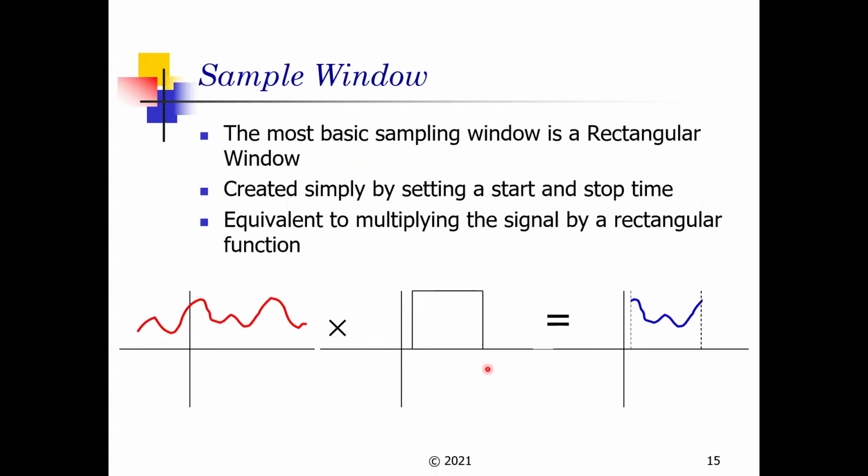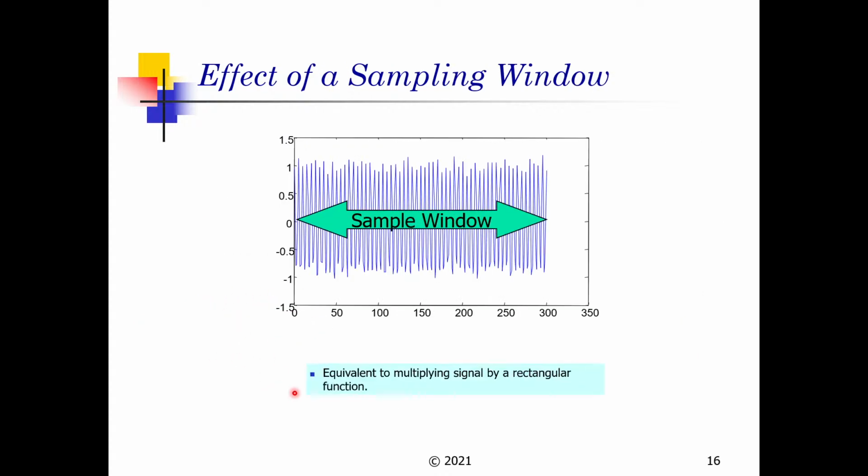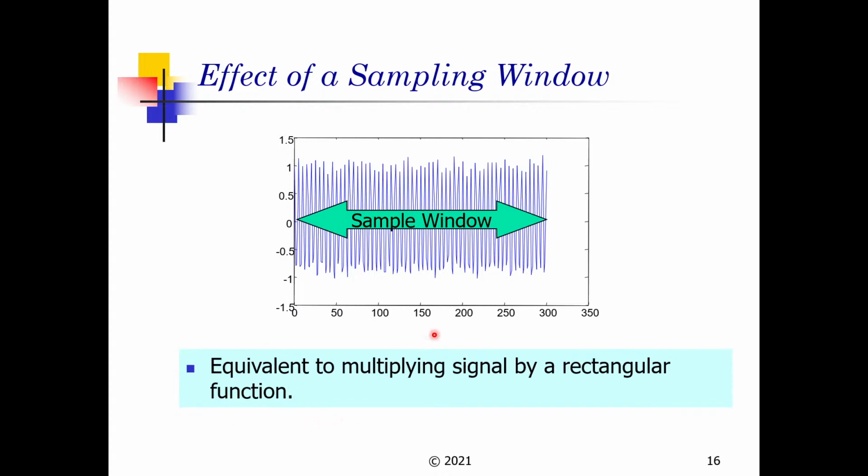Now, this rectangle window basically imposes a sampling window upon that original signal that we had to begin with. So the sampling window means, as a result of that rectangular window, that's equivalent to that multiplication of the original signal by the rectangular signal.